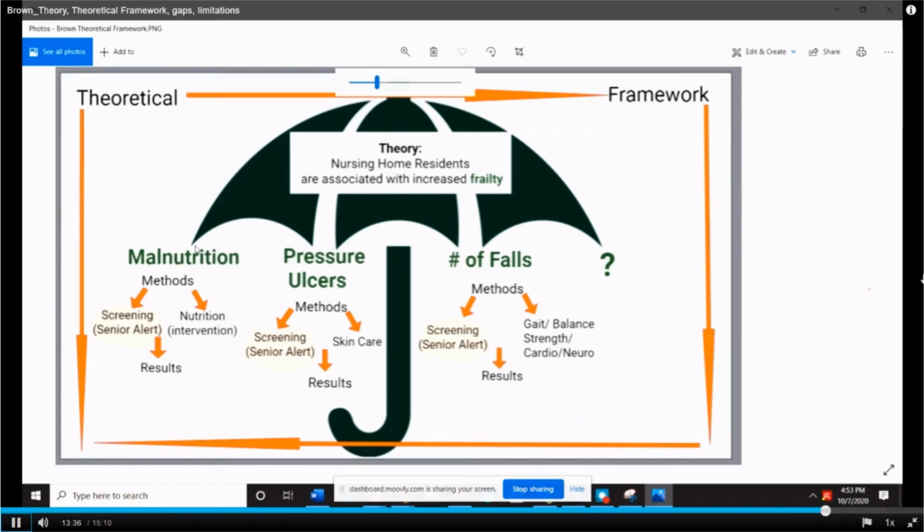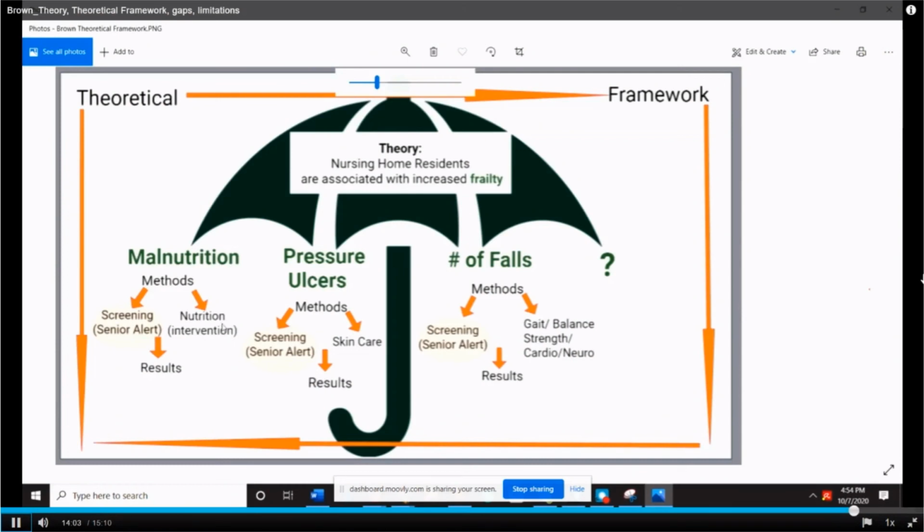Then you can test these concepts by different methods. You could use the screening senior alert system, but there are probably other ways to test the concept of malnutrition, like a nutrition intervention, such as the one I mentioned earlier, 80 grams versus 40 grams of protein.